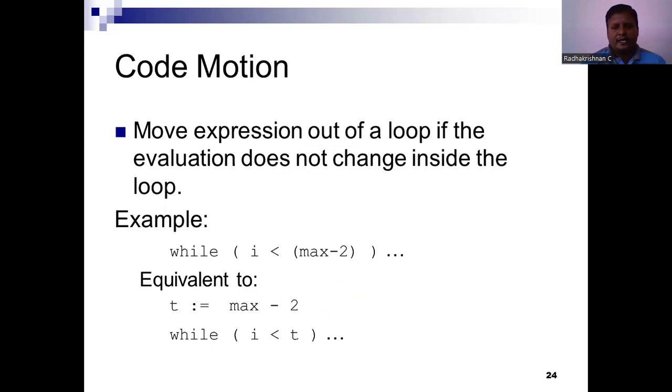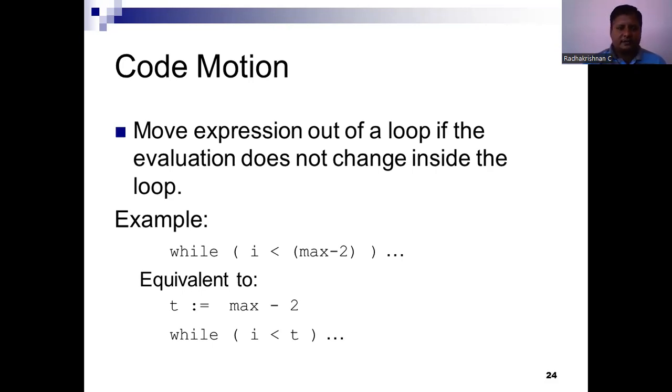Next, move an expression out of the loop if the evaluation does not change inside the loop. For example, while I less than max minus 2. Initially max value is assigned as 10, so max minus 2 is 8. Whatever the condition checks, if I is less than max minus 2, the statement will be executed.